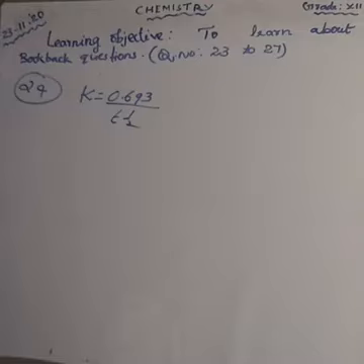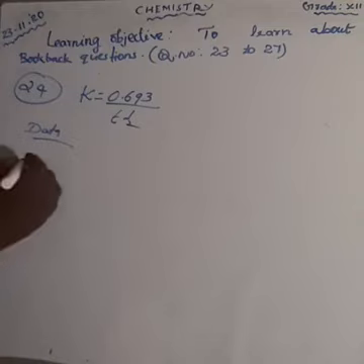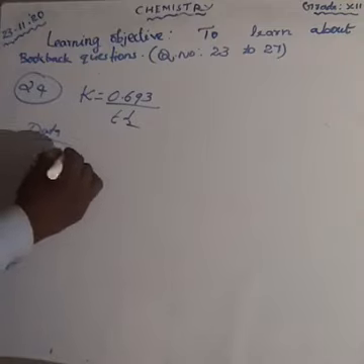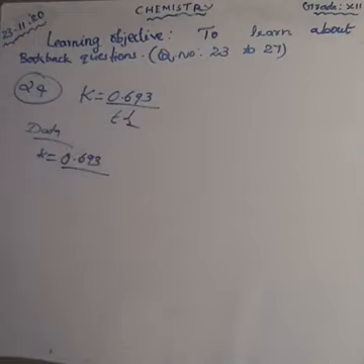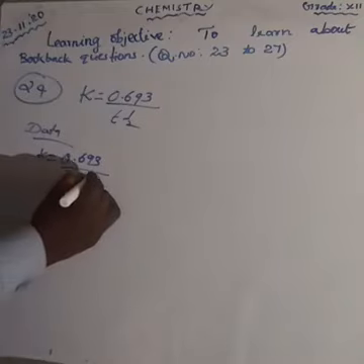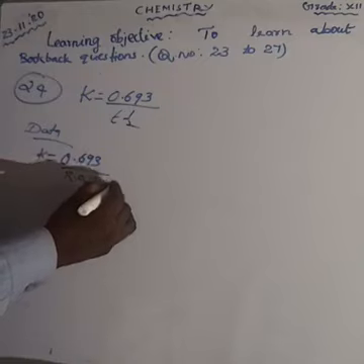This is the formula. But what are the given data? As per the question, we have the data. We know the K value is in minutes, am I right? So K is equal to 0.693 divided by T half, which is already given. How much is T half? 8.0 minutes. We should divide by that, 8.0 minutes.